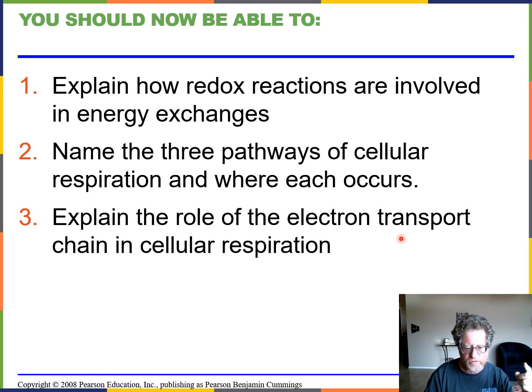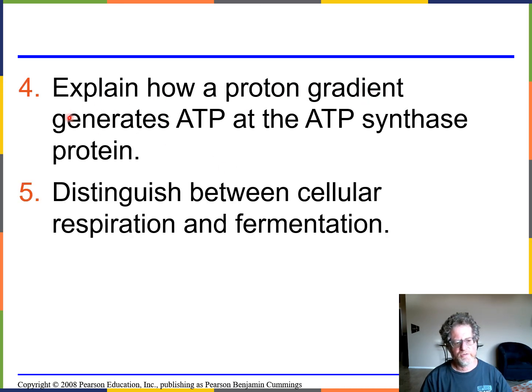This downhill flow of electrons, or this little electric current, powers the crossing of H positive into the intermembrane space, and you have many thousands of fold difference in H positive between the intermembrane space and the mitochondrial matrix, and then the H positive flows back across, downhill, across the ATP synthase protein, and that's where 90% of our ATP comes from in oxidative phosphorylation. All right, so we talked how a proton gradient generated ATP at the ATP synthase protein.